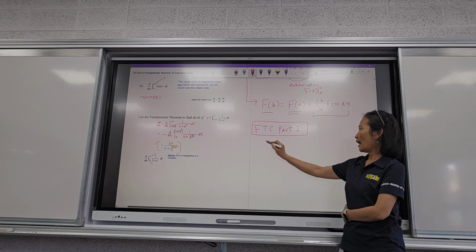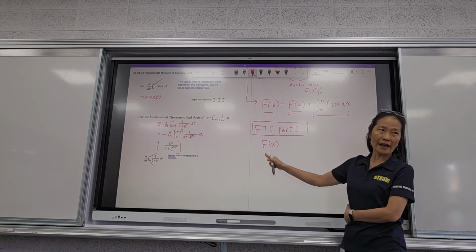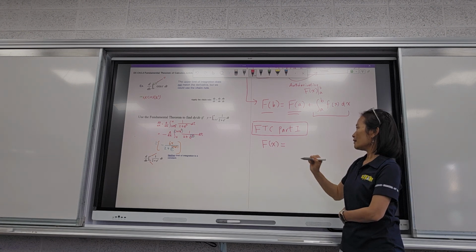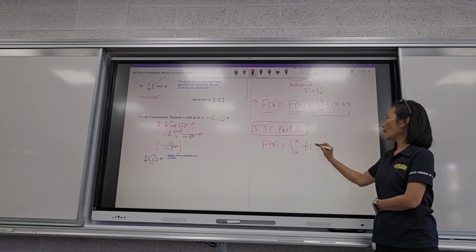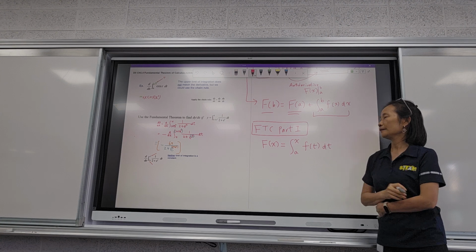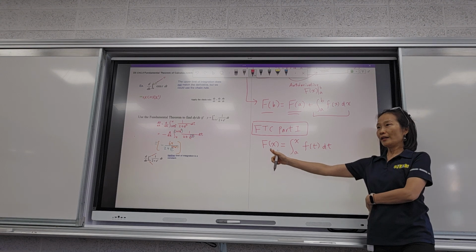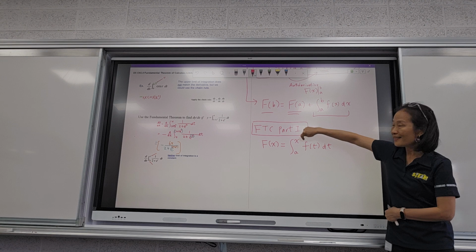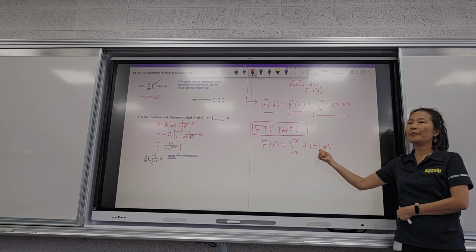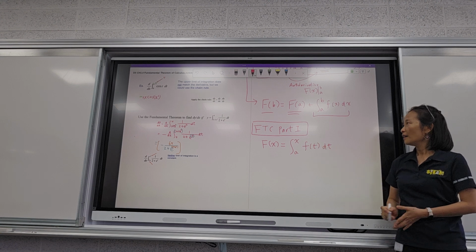It's saying that if the function F of x is defined as the integral from a to x of f of t dt, we define the function F as the integral from a to x of f of t dt. Because the upper limit is x, I'm using a dummy variable t, so it doesn't overlap.